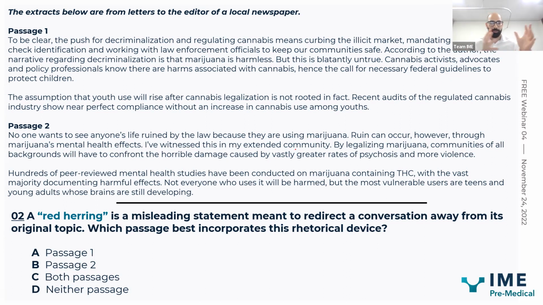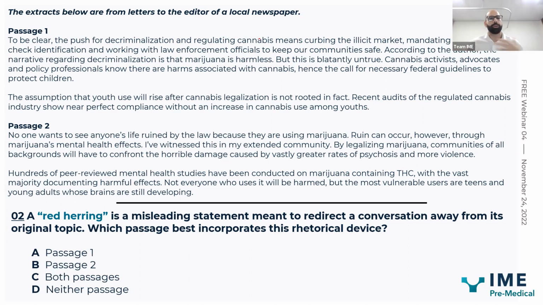So they kind of went from this idea that they're introducing laws regarding marijuana as damaging, but then they proceed to discuss harmful effects of cannabis on mental health. So can you see how they're going with the argument of, yeah, the laws are bad, but you know what, drugs are worse. So they're kind of trying to divert your attention from the law, and they're just pushing it towards the problem of mental health.